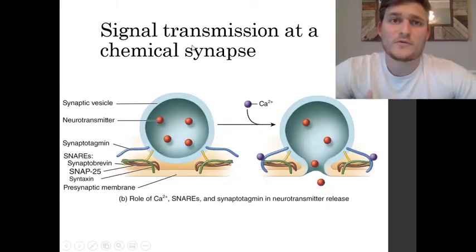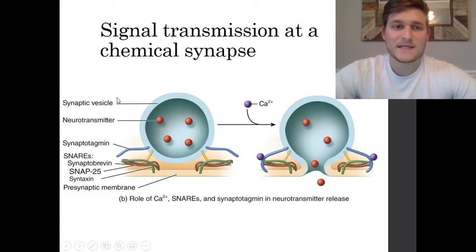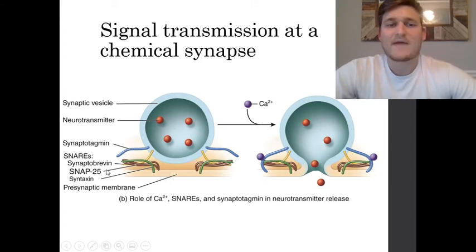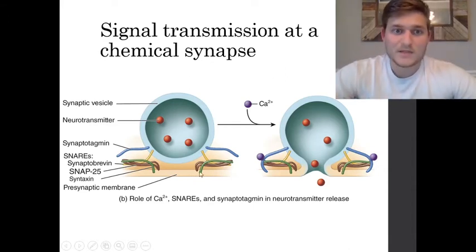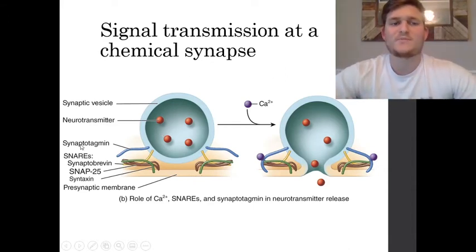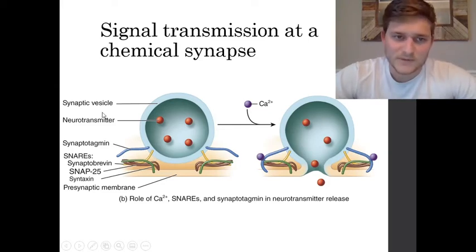In order for neurotransmitters to be released, like I said, these synaptic vesicles have to bind to the presynaptic membrane of the presynaptic neuron. And so what's going to happen is you have these proteins called snare proteins.